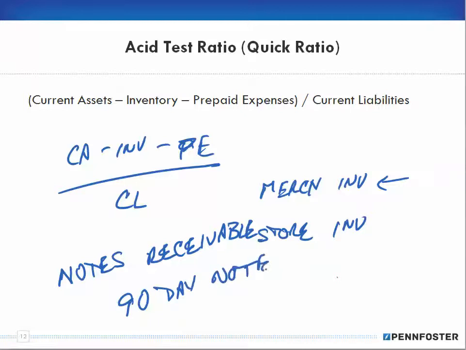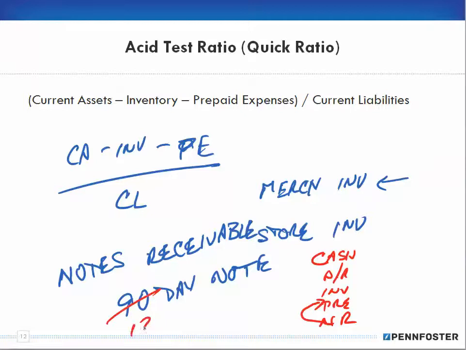Okay. Well, when you're looking at your balance sheet, you would have your cash, you could have your accounts receivable, you can have your inventory, you'd have your prepaid, and you might have your notes receivable here, okay? Or maybe the notes receivable might be up here, okay? Depending upon the length of the term.